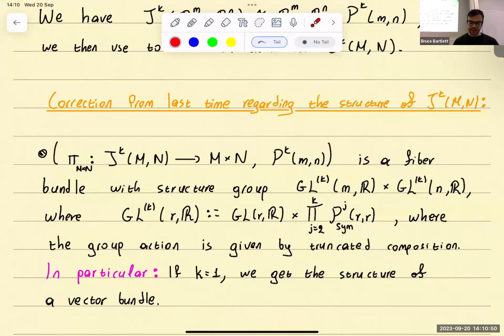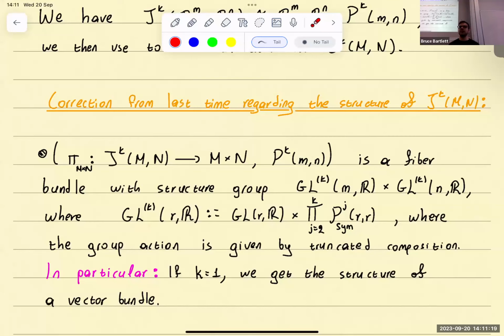So basically, we have these groups which have a linear part to them and a non-linear part to them. You'll see just by how this thing is defined, it's a product from j equals 2 to k. If k equals 1, the non-linear part isn't there. There's only the linear part that stays, and we get the structure of a vector bundle.